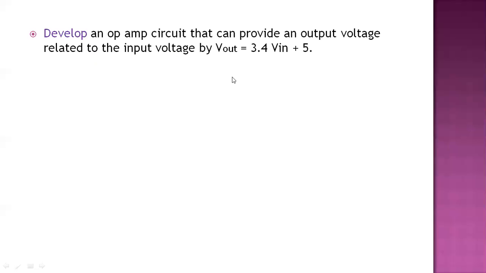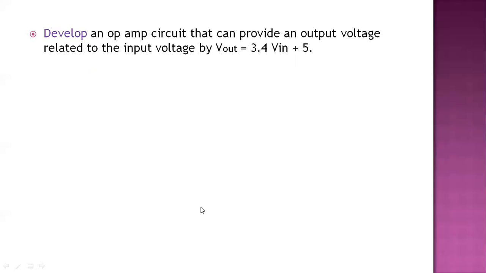One way is to use a summing amplifier with V in on one input and 5 volts on the other. The gains will be selected to be 3.4 and 1 respectively, and the summing amplifier is also an inverter, so the sign will be wrong. Thus a second amplifier with a gain of minus 1 will be used to make the sign correct.